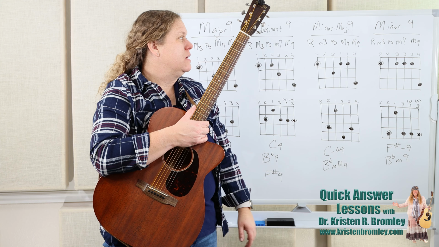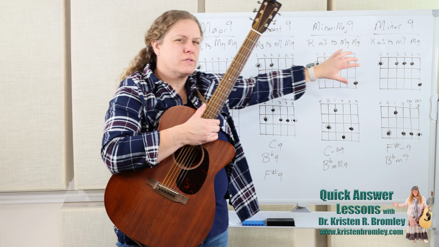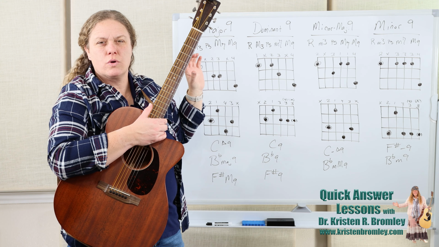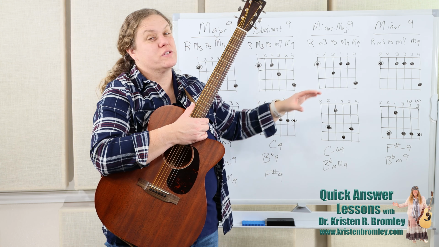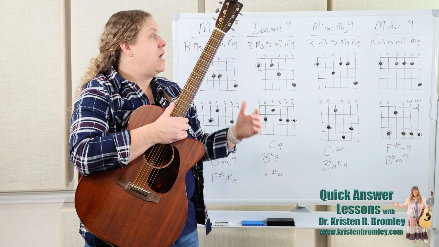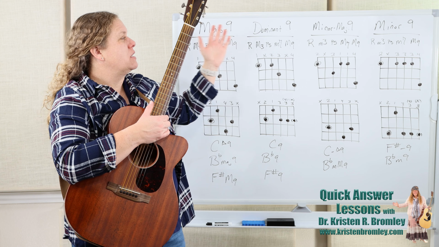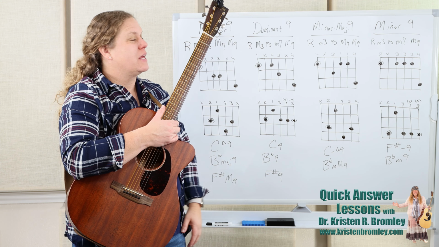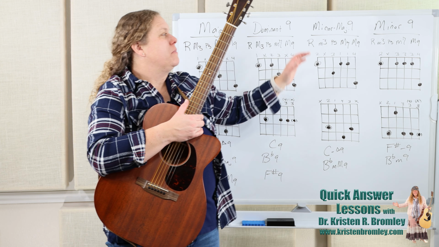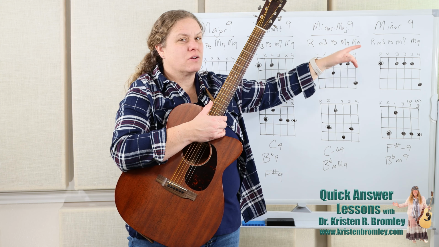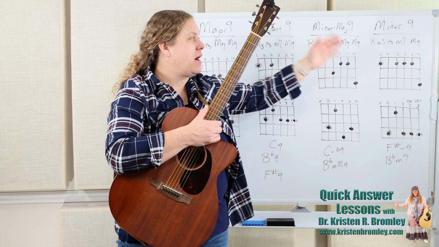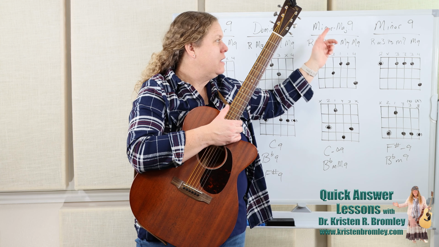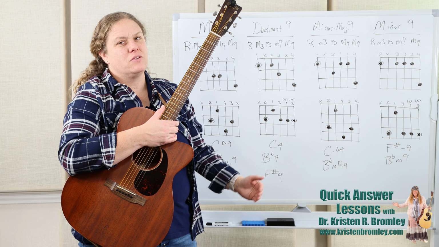So the difference between the minor chords and the major chords is the major chords have a major third, the minor chords have a minor third. And then the difference between the major 9 and the dominant 9 is that the major 9 has a major seventh, the dominant 9 has a minor seventh. The minor major ninth and the minor ninth, the difference between those two is that the minor ninth has a minor seventh and the minor major ninth has a major seventh.